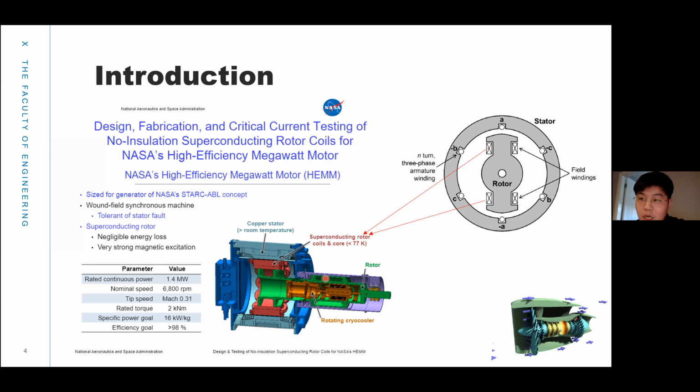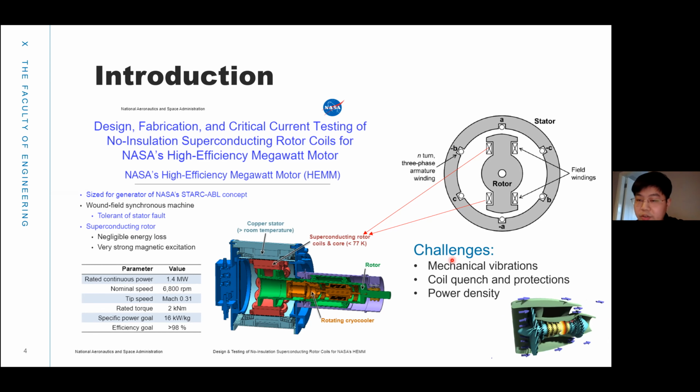This machine was designed and demonstrated by NASA in 2018, and it uses an NI coil in a superconducting rotor at liquid nitrogen temperature. The power rating is 1.4 megawatts, and it is designed for electric aircraft.